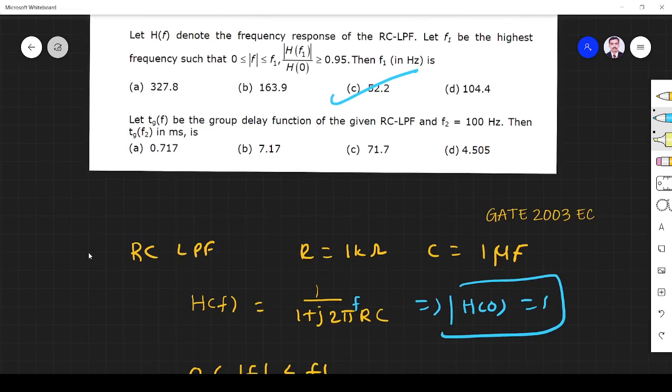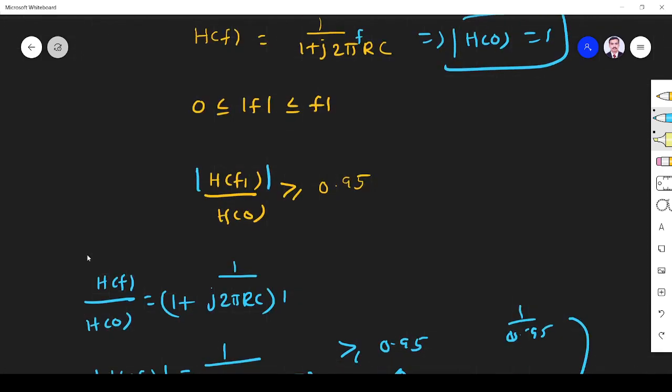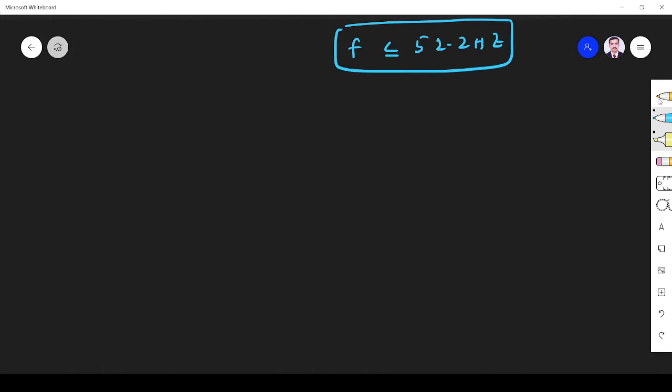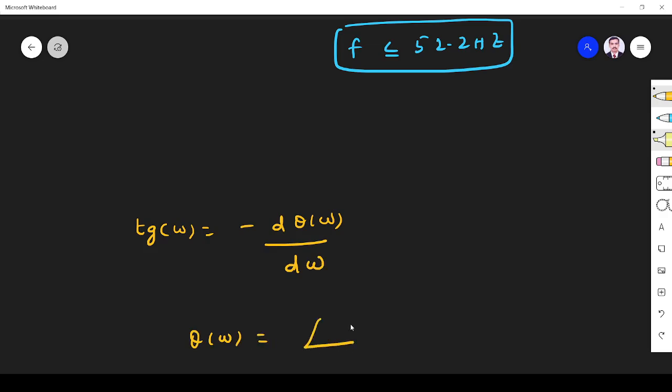The next question is: let Tg of f be the group delay function of the given RC low pass filter, and f2 is 100 hertz. Then what is Tg of f2? We have to find the group delay for the second problem. Tg of omega is equal to minus d theta of omega by d omega, where theta of omega is the phase of H of omega.